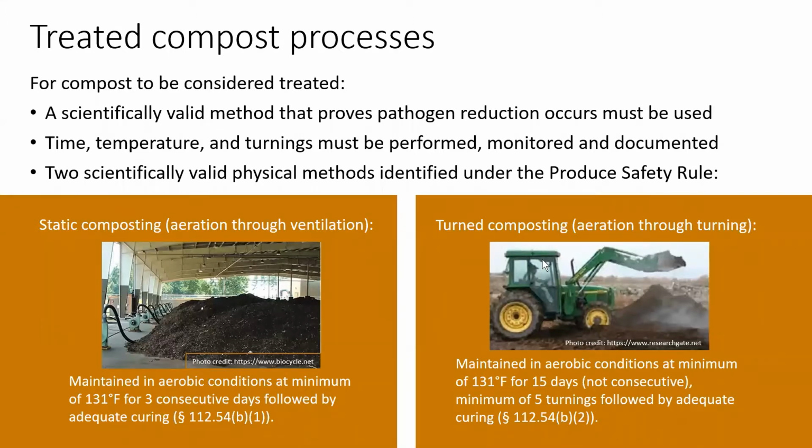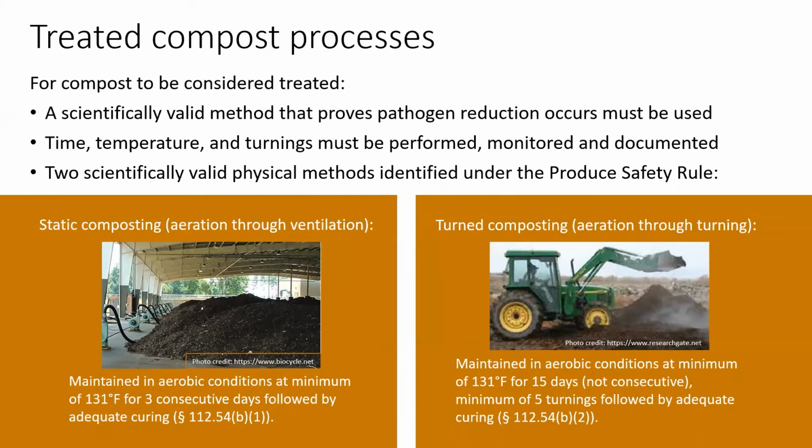So the 2 scientifically valid biological methods identified under the produce safety rule are static composting, where we're maintaining aerobic conditions by pumping atmosphere into the compost pile, and you're maintaining those aerobic conditions at a minimum of 131 degrees Fahrenheit for 3 consecutive days, followed by adequate curing.